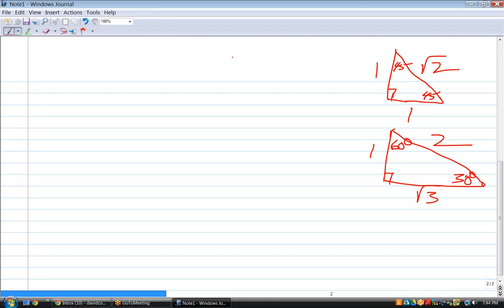A lot of times they'll say, okay, if theta is inside 0 to 2 pi, then they've defined the domain, and you'd want to find both quadrants that satisfy the inverse. Sometimes they might say theta is between 0 and 4 pi.